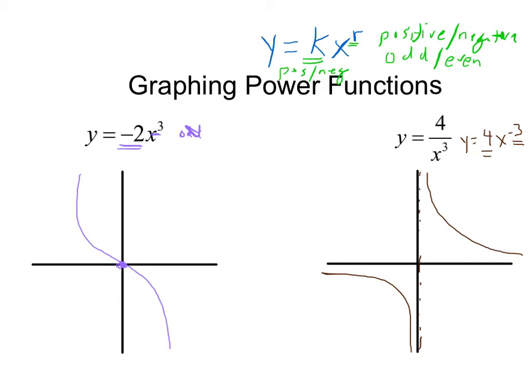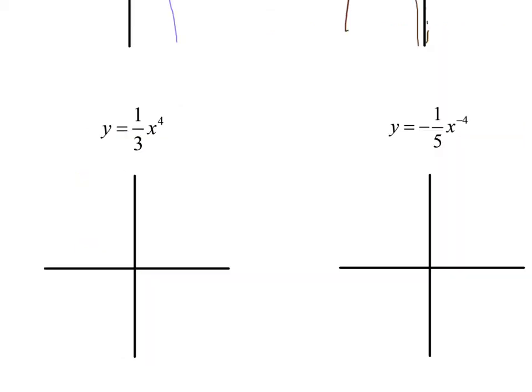Alright, those were our first 2, so let's scroll on down for the next ones. Alright, same questions. Remember, we're seeing what structure it fits into, and is that r positive or negative, odd or even, and is k positive or negative. So this one over here, 1/3 x to the 4th power, that's a power rule structure.